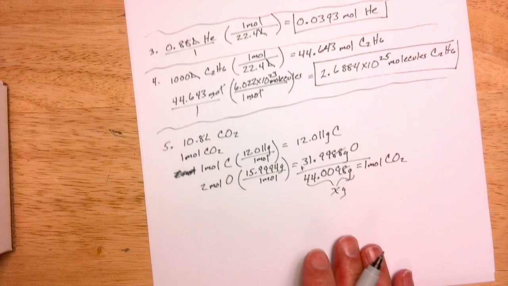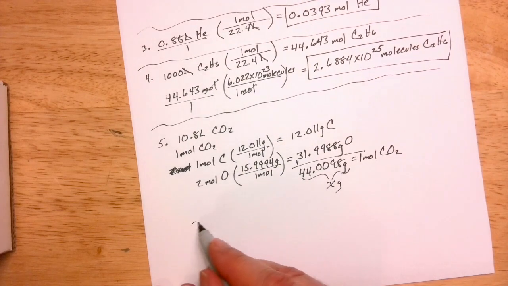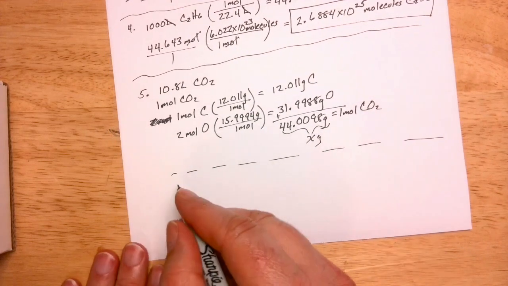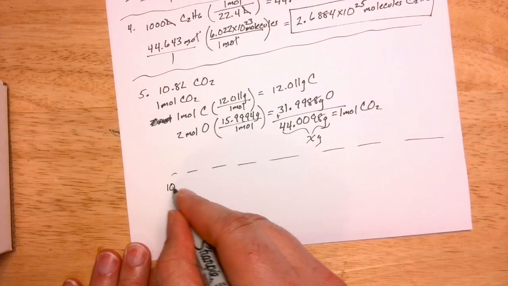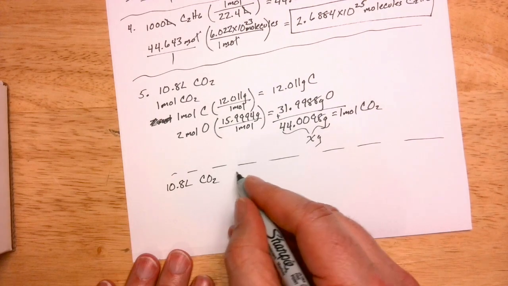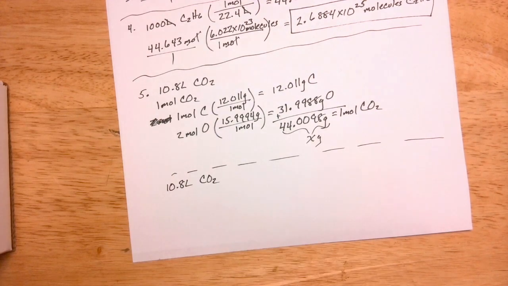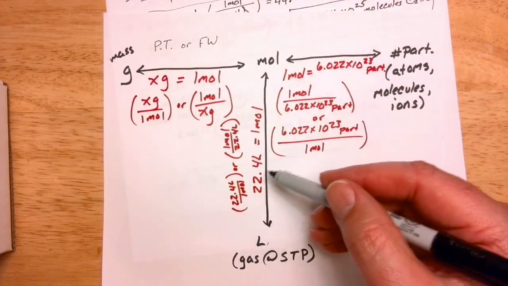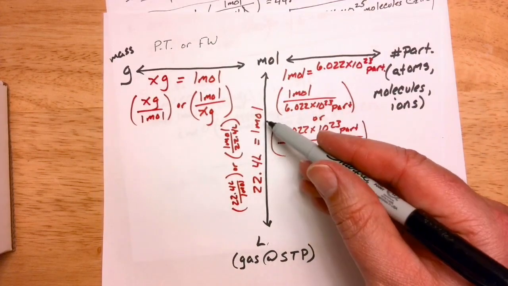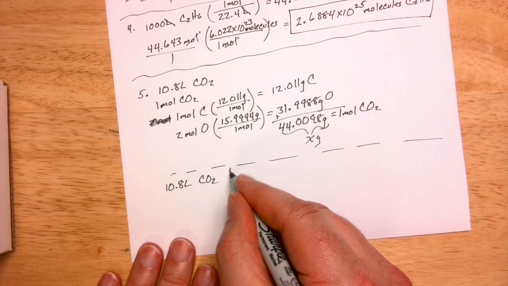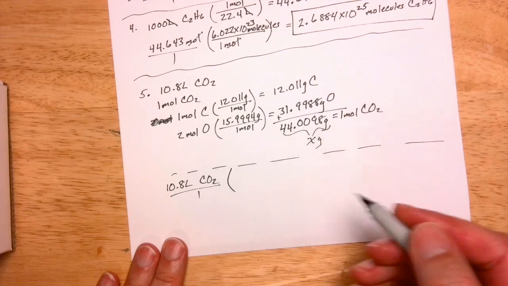All right, so let's continue on with the problem. It starts off where you have 10.8 liters of CO2. The first step is we need to go from liters to moles. So I need to use this conversion unit. This whole thing is over 1.